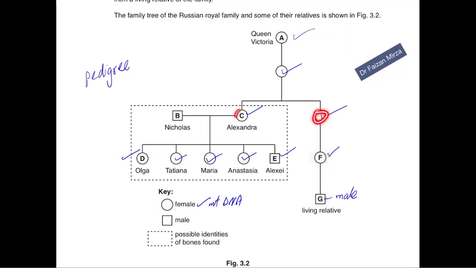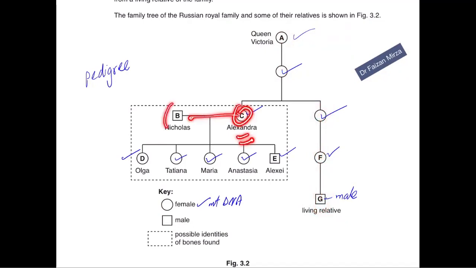And both these females must be siblings, because they have a common mother, and they have the same grandmother as well. So Queen Victoria A passed on the mtDNA to this lady, and she passed it on to both her daughters. This daughter then passed it on to her daughter F, and it eventually came to this individual G.